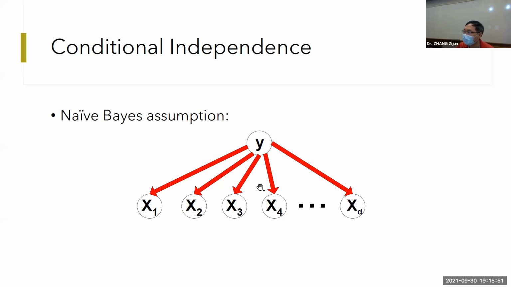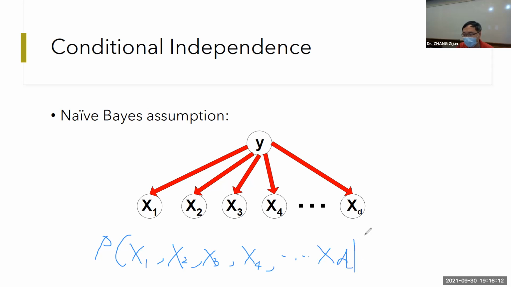Okay. Therefore, the likelihood P(X1, X2, X3, X4 to XD conditioned on Y) can be equal to what?